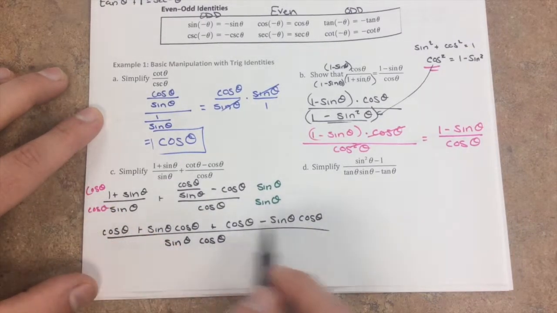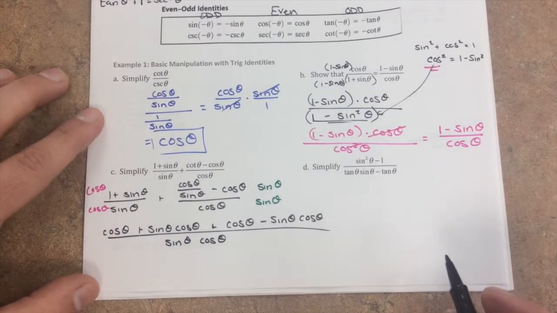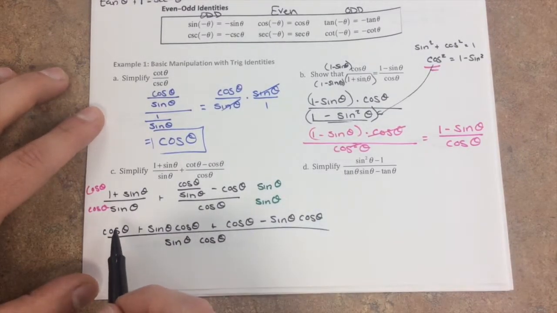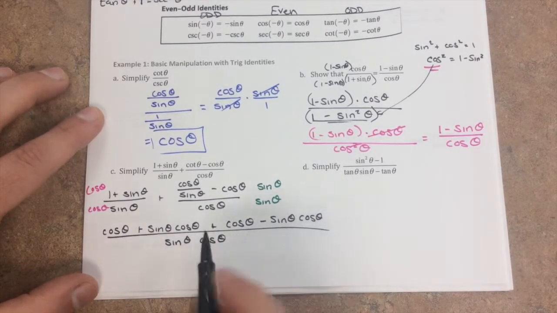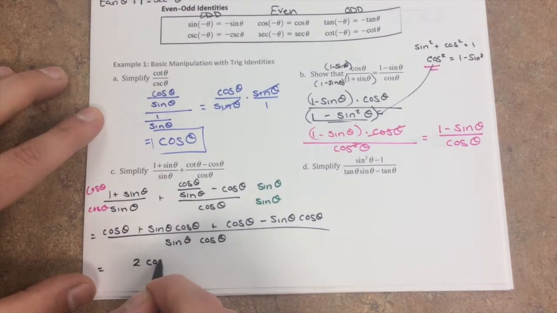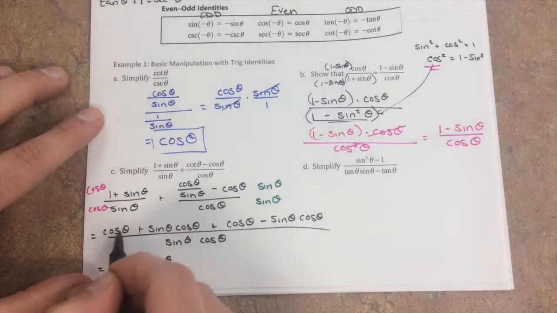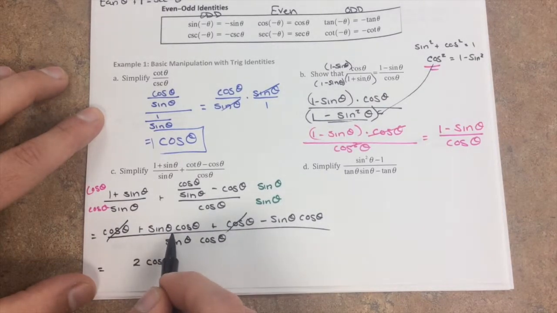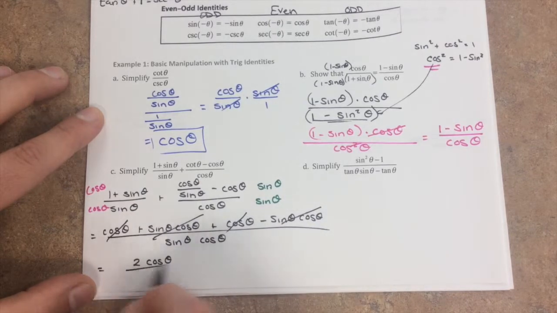This is just adding these two together. Now, I have a cosine theta, so that will give me 2 cosine theta. I have a sine theta cosine theta minus these, so these cancel off. And this is all over sine cosine.